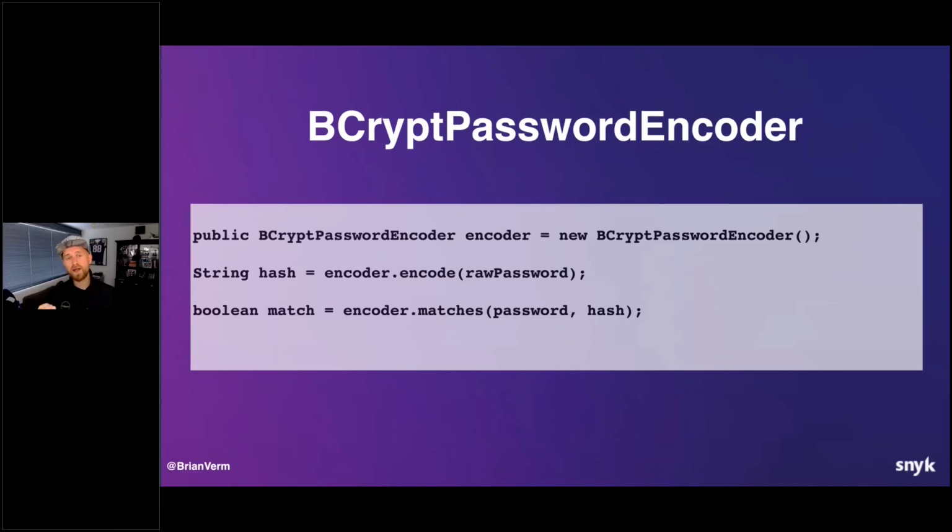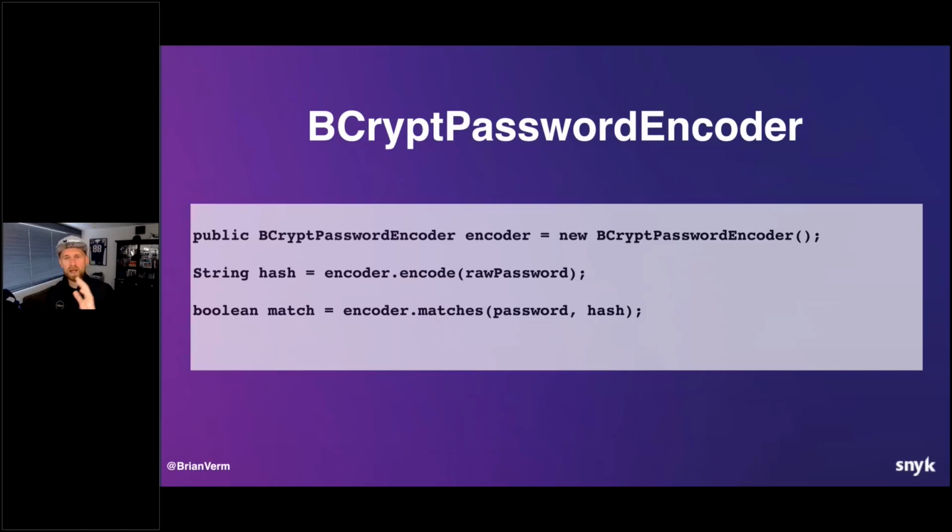Salting is there so that if two different users have the same password, it will not end up in exactly the same hash, but has something extra in it. It automatically salts and desalts this. So you need to use the same encoder to match the plain text password with the hash. But if you do this, you are way safer than creating it yourself. And currently, bcrypt, scrypt, and I'm not sure what the third one is, are the three most commonly used and most capable encoders or hashing algorithms according to OWASP.